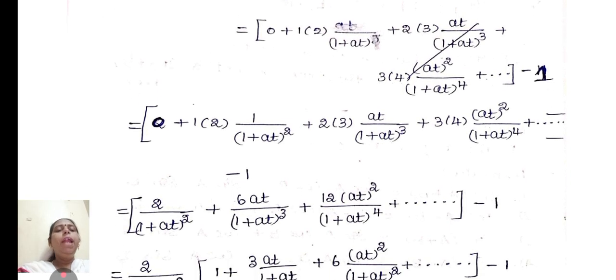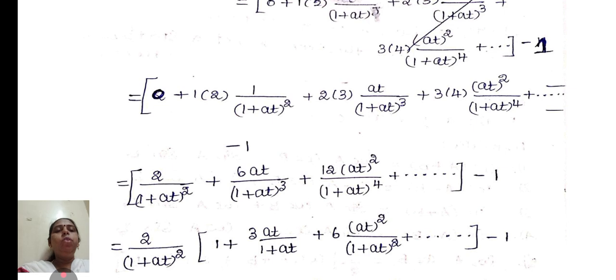The value of the mean is 1. Now in this sequence, you take 2 by (1 plus at) squared as common. So we get 1 plus 3at by (1 plus at) plus 6at squared by (1 plus at) squared plus etc.